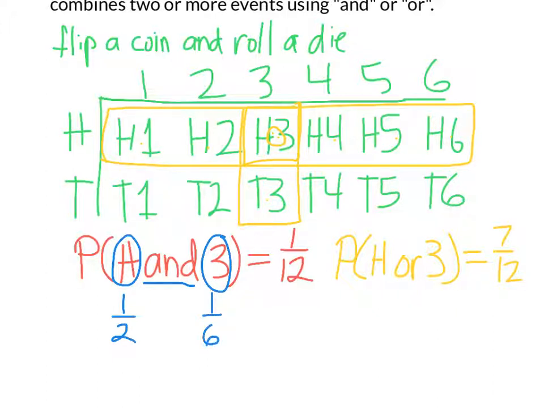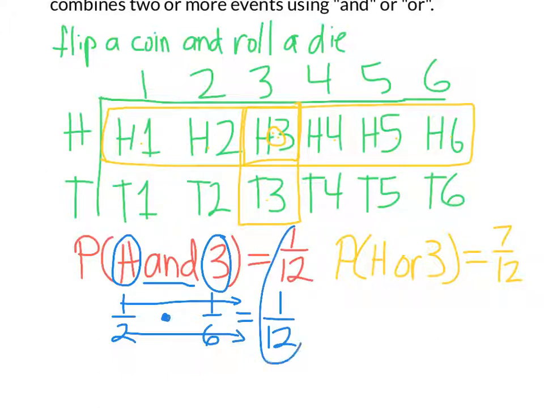With the word and, you can now multiply those probabilities. 1 times 1 is 1, 2 times 6 is 12. You just multiply the fractions, and you can see we got the same probability we got by making an array and counting it out. If there are ever any ways that you can double count those, then you have to subtract those out. You have to be careful with that.